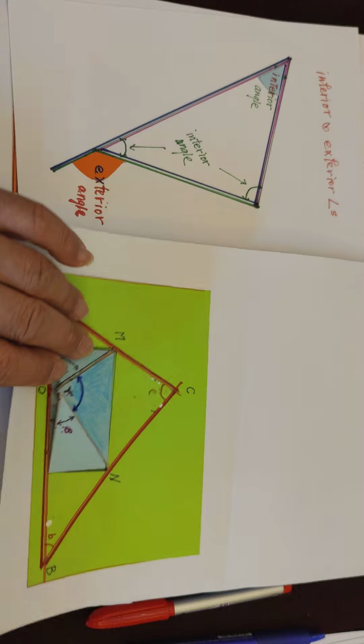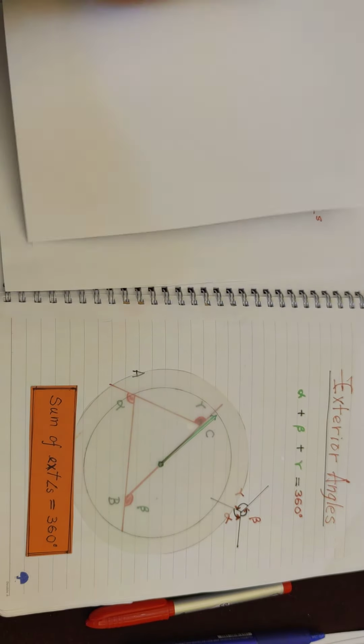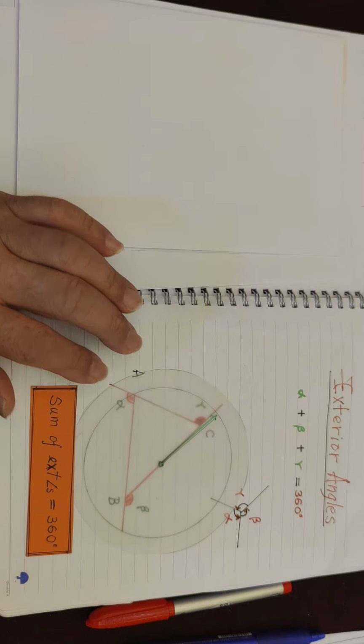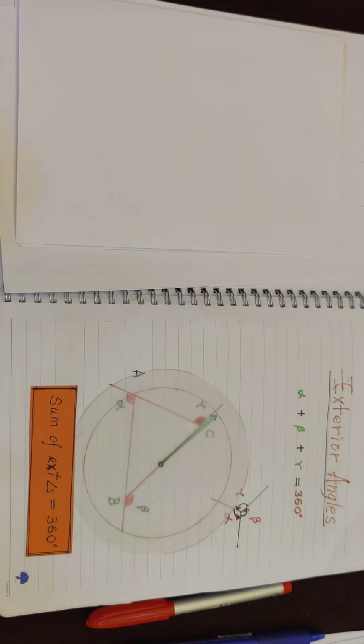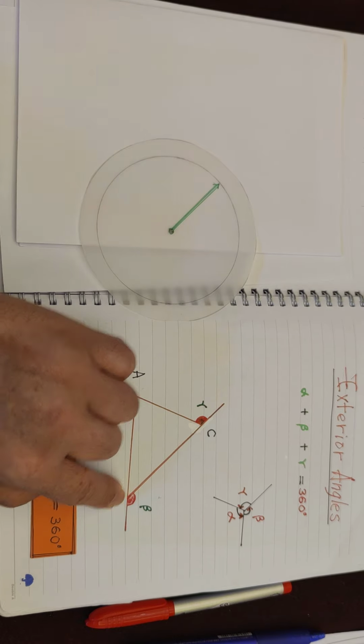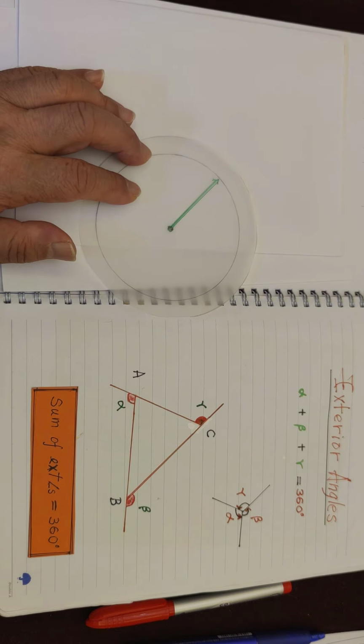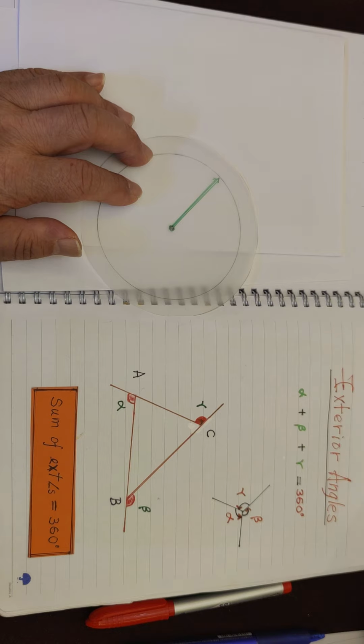Now, after talking about the interior angles, we now come to the exterior angles. Alpha, beta, gamma. These three are the exterior angles of triangle ABC.